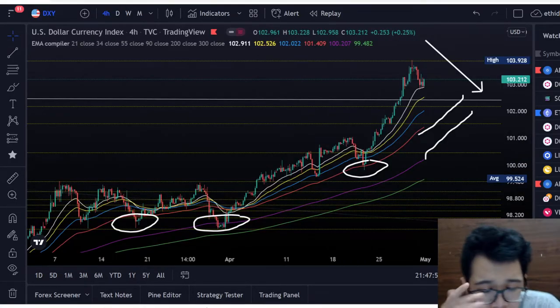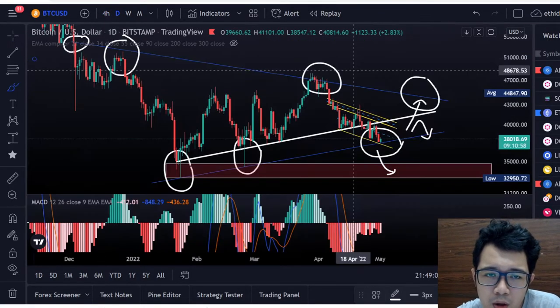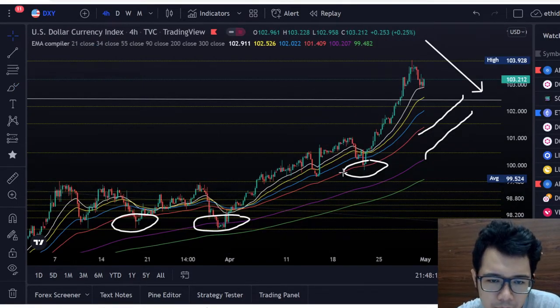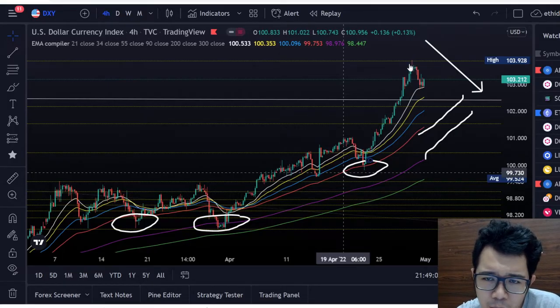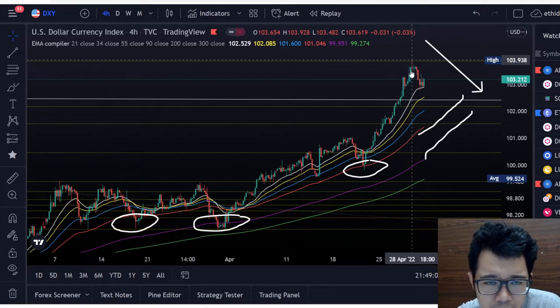And lastly, I'm still hoping that the Bitcoin can pump, because look at DXY. DXY has been a very strong coin since last year, but it already hit this point that I shared with you yesterday in my last video, testing this Fibonacci retracement and going down.